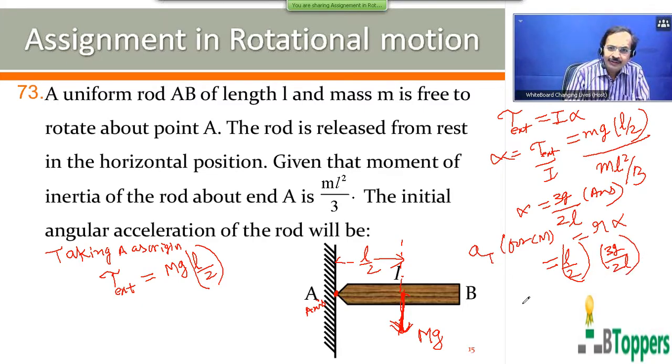So in case you're asked what is the magnitude of the initial linear acceleration of the center of mass of the rod at the instant just after the rod is released, that will be 3g by 4. Of course, that's not asked in the given question. For the given question, this will be the answer.